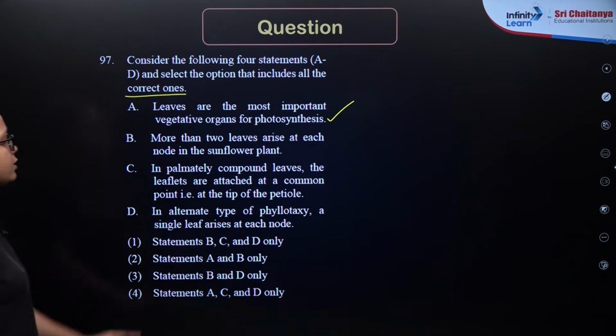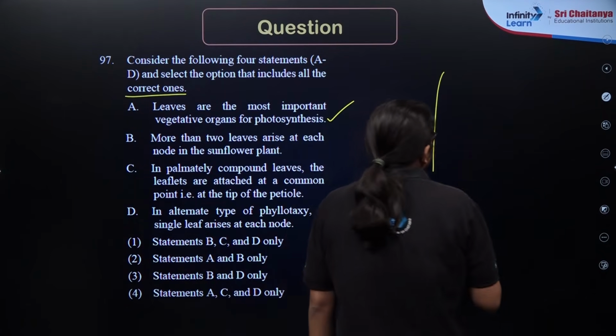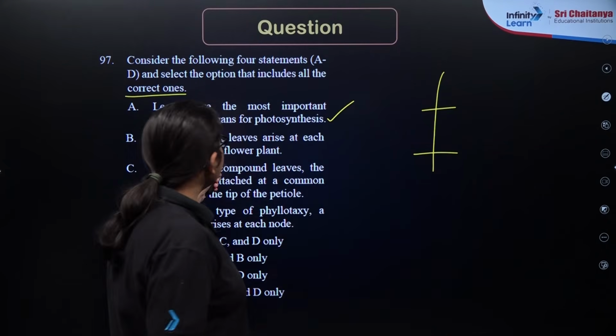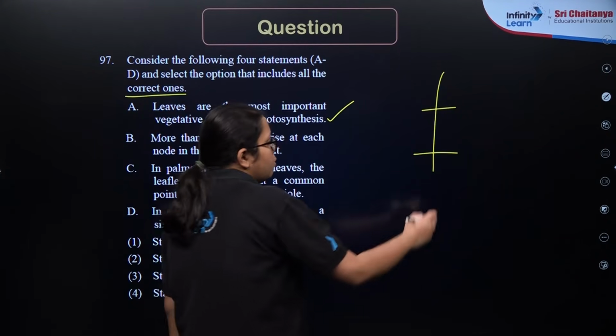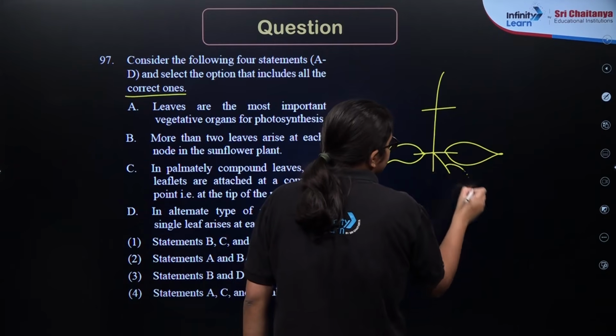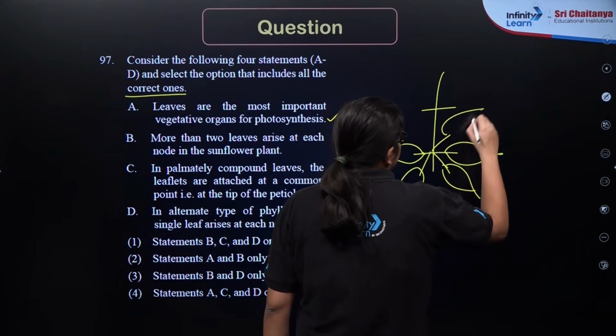Second one, more than 2 leaves arise at each node in the sunflower plant. So if this is one node and this is another node, it's saying more than 2 leaves arise, 1 leaf, 2 leaf, 3rd leaf, 4th leaf, 5th, 6th.